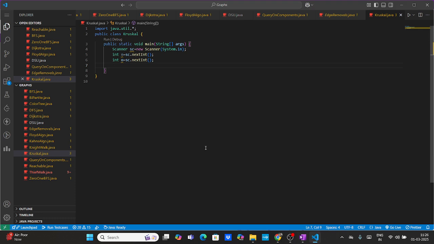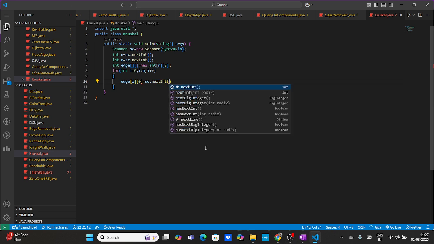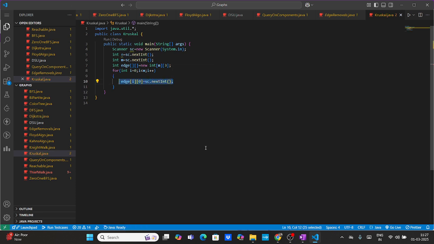So can I create a single array, I mean a 2D array? Is it okay, guys? Edge from node u to v having a cost w. Is it fine?